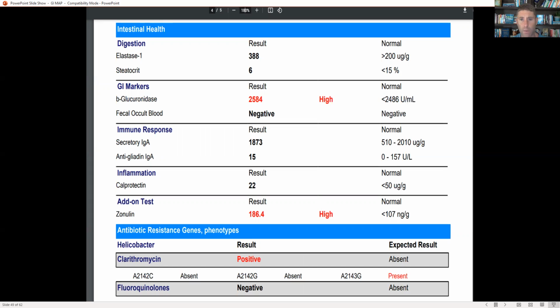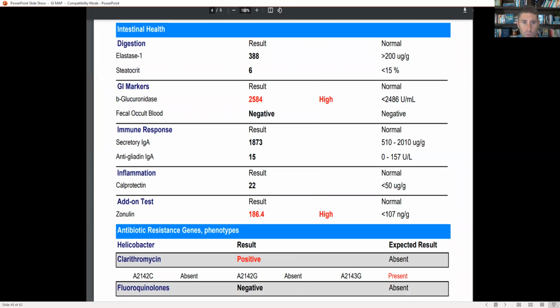And then the steatocrit we're looking at should be under 10%. This person is okay. They're at 6%. So it seems like, for the most part, they're digesting fat okay, which is good. But their beta glucuronidase is elevated. So that's a sign that their phase 2 liver detox system is not working great.